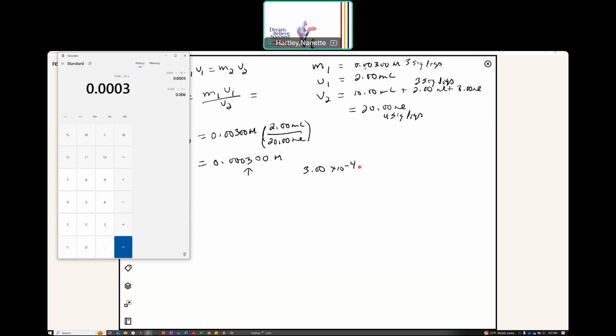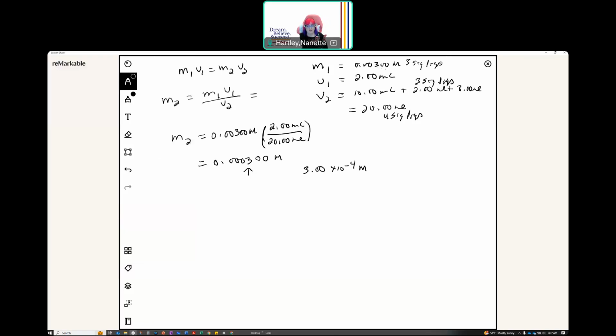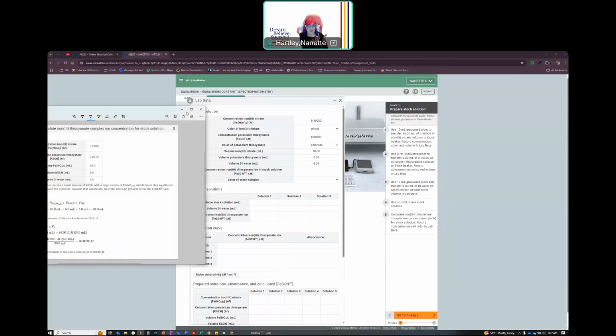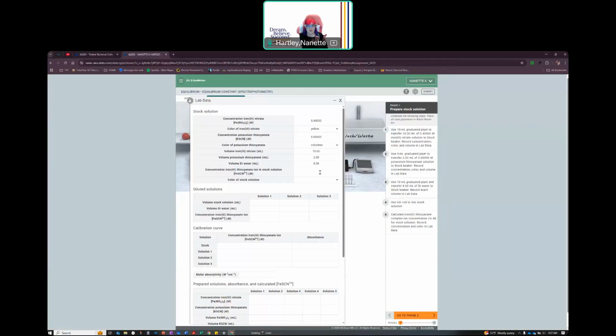I'm not going to do that because the ALEKS lab format will not allow it. So here I cannot do that, and when I put this concentration in, it has to be 0.000300.